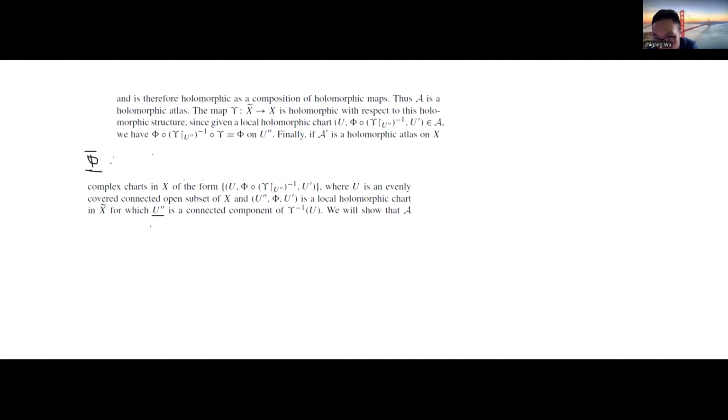This U is an evenly covered open subset of X. So we start with X and then U, and we pick upstairs U double prime. This phi maps U double prime to U prime, which is like C.